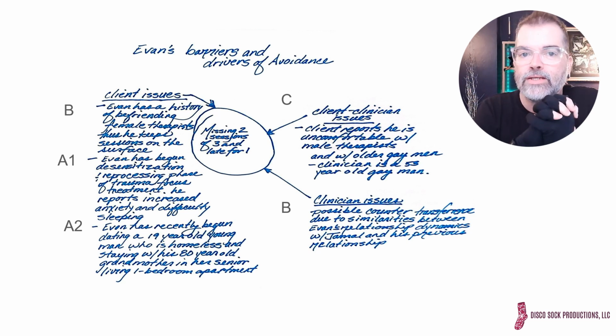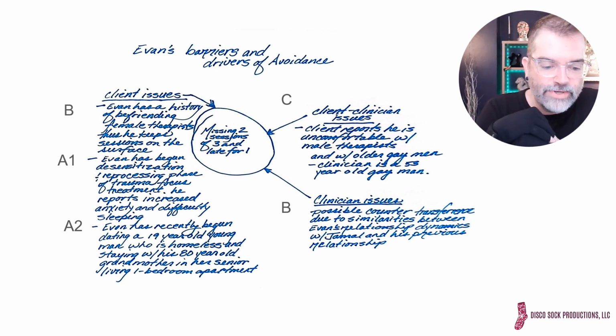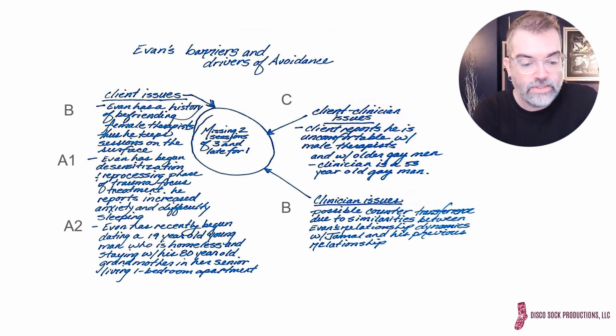So he chose that as his number 1 priority. And number 2, the priority that was second was the fact that he had started dating a young man that had a lot of similarities to the relationship that he had had for 4 years with Jamal.